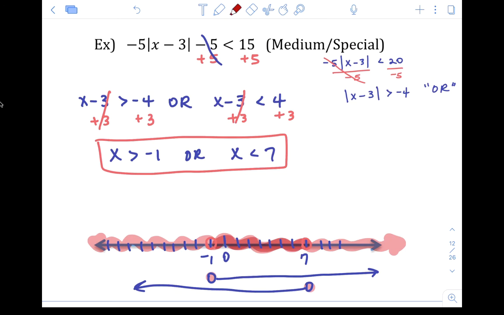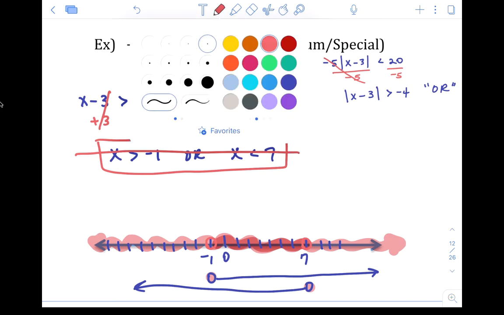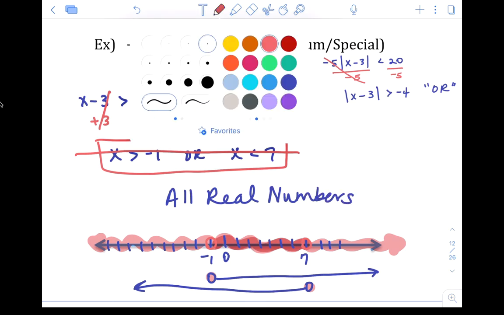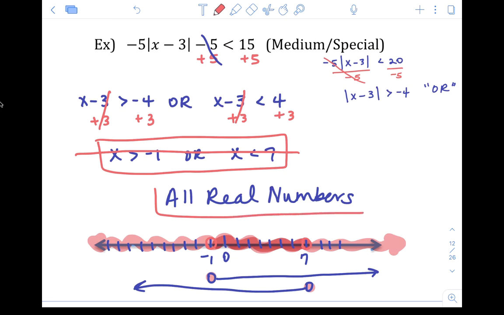So for the final answer, we're going to put all real numbers, because your entire number line ended up being shaded. You want to show me the double-stemmed R? You certainly can.